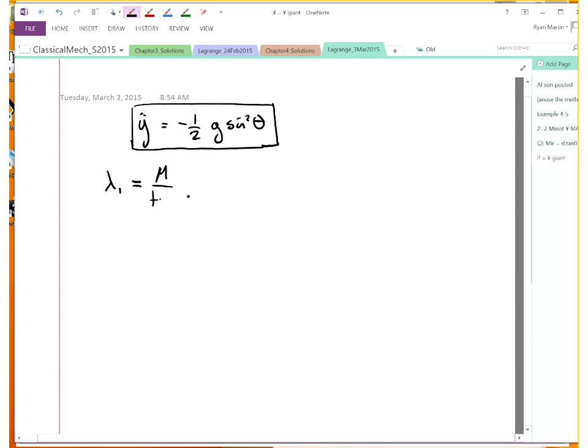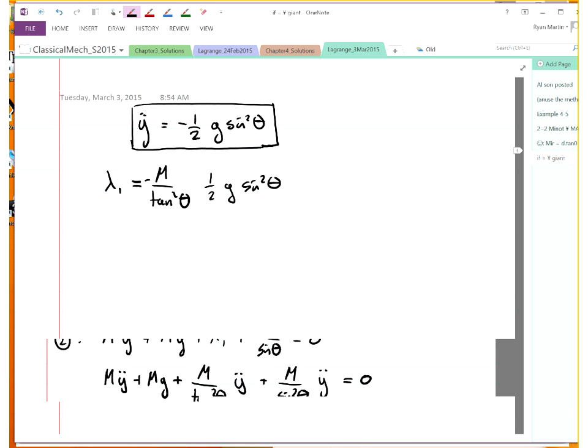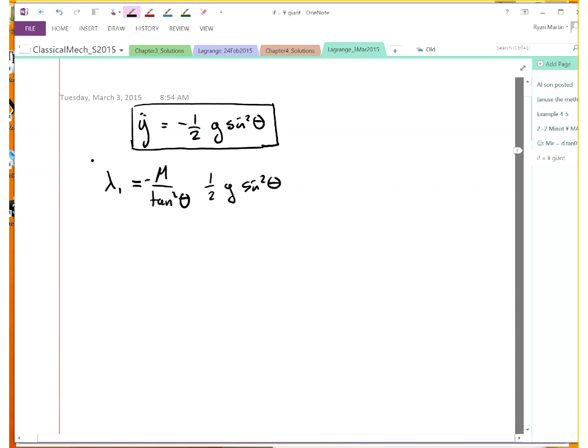So lambda 1 is m tan squared times y double dot, and we just found what y double dot was. So lambda 1 is m over tan squared times, there's going to be a minus, and then there's a half, and a g, and a sine squared theta. Well, we call that equation 1a, right? So that's from equation 1a.